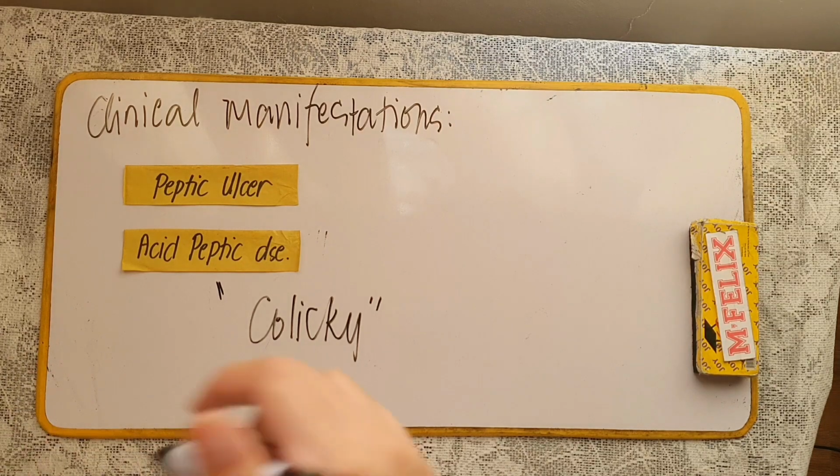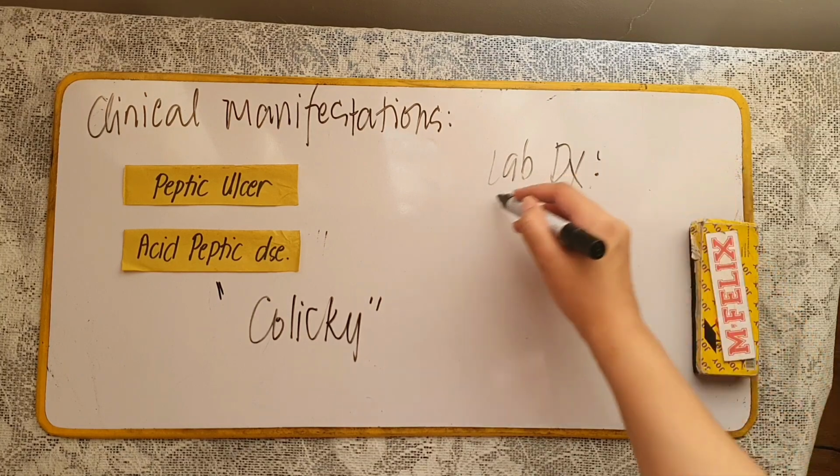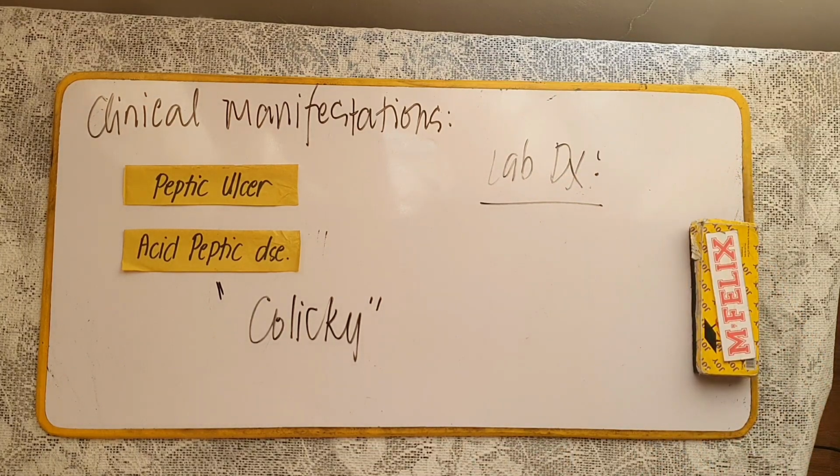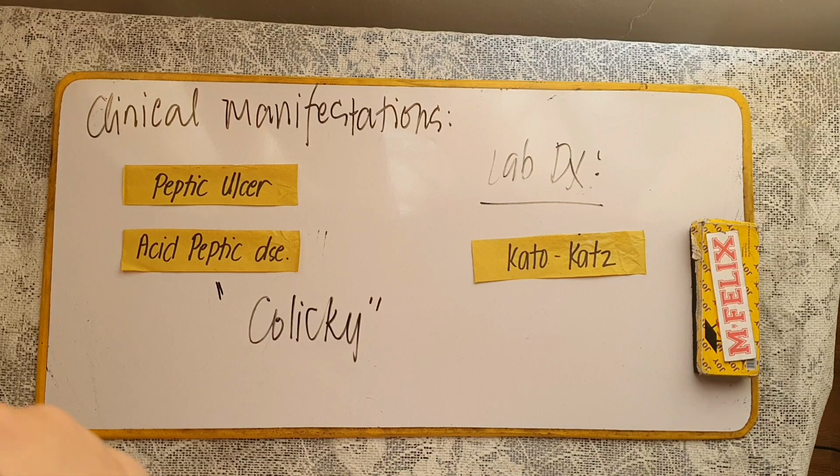Now, for the laboratory diagnosis of your Heterophyes fluke, definitive diagnosis is through detection of eggs pa din, by direct examination of the stool, preferably by using the Kato-Katz method, kasi it has a much higher efficiency as compared to your wet smear examination.